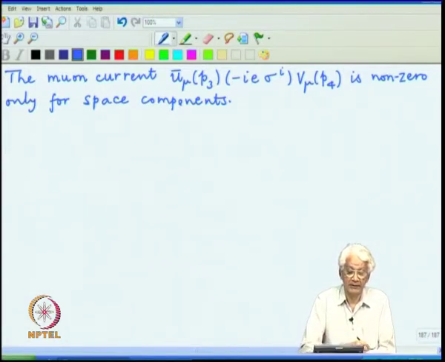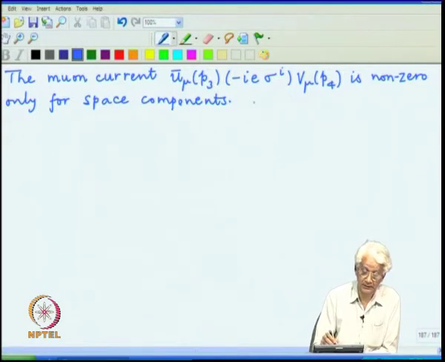We have to include this vector matrices alpha or gamma, and they will only give the non-zero contribution, and the other part is 0.